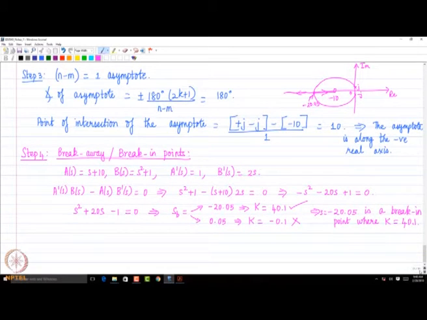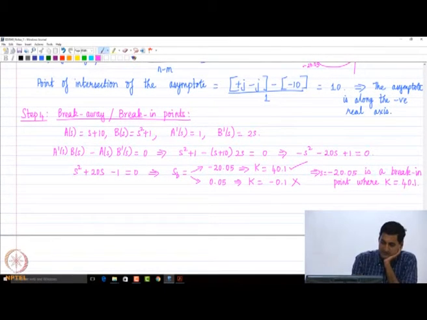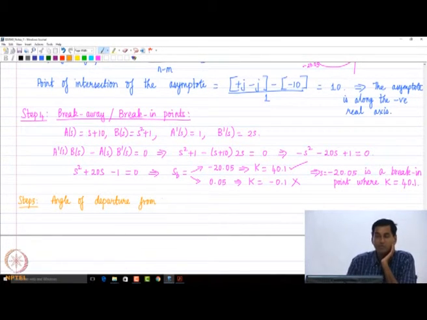Now, what is the next step? Fifth step. What is step 5? It is to calculate the angle of departure, right? In this case, we need to calculate the angle of departure because we have a pair of complex open loop poles.